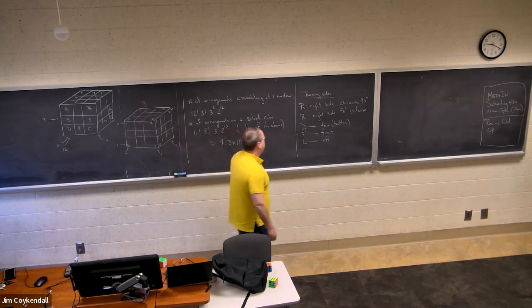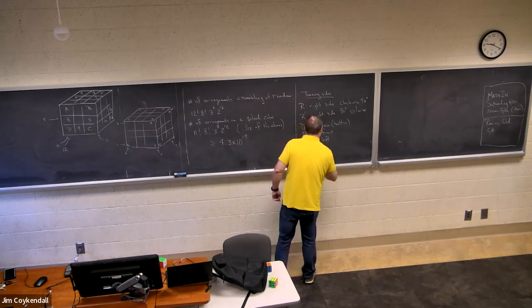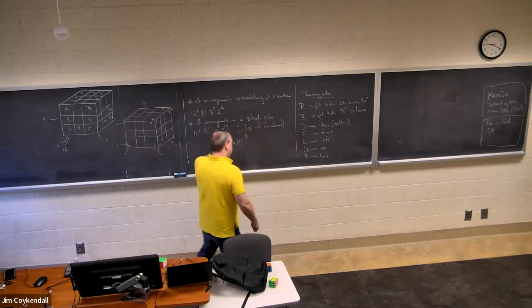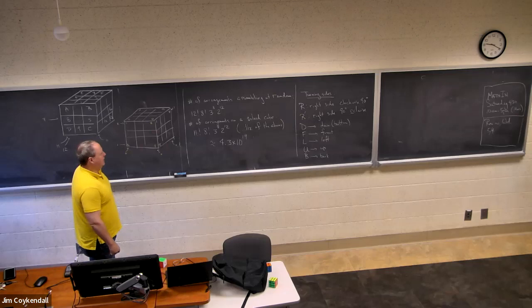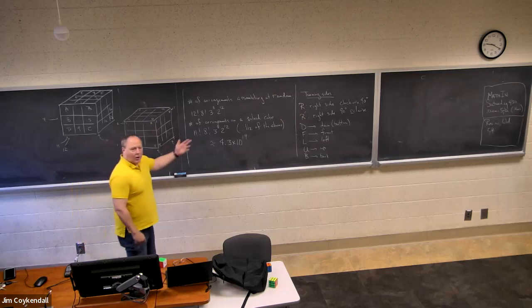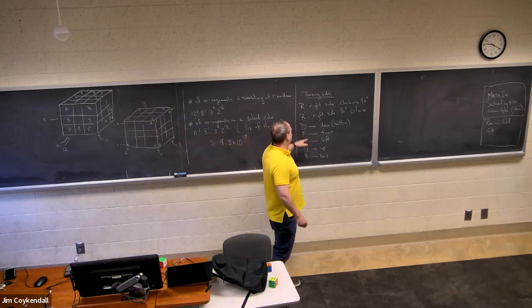Some cubes use up and back. Okay, so R means turn the right side clockwise 90 degrees, and R prime means turn it counterclockwise.